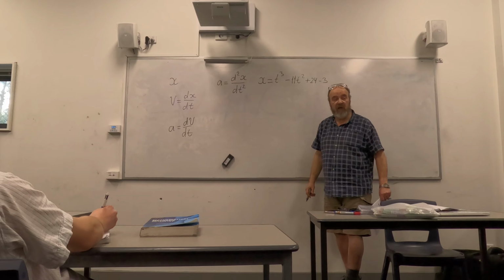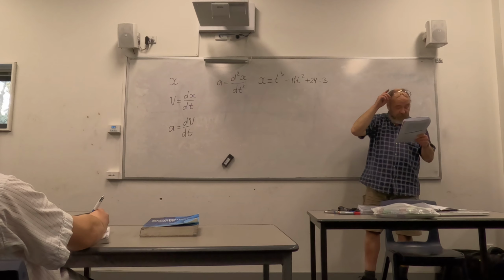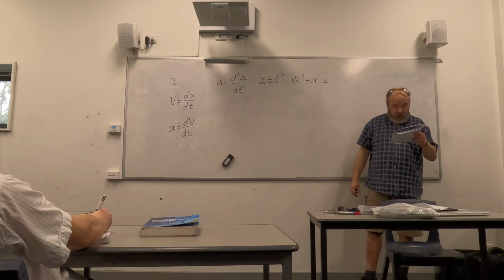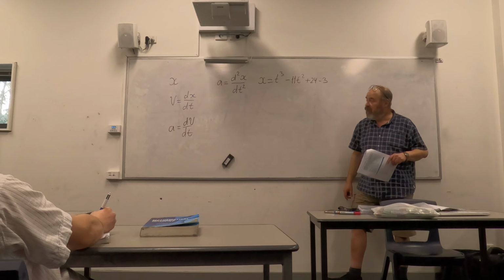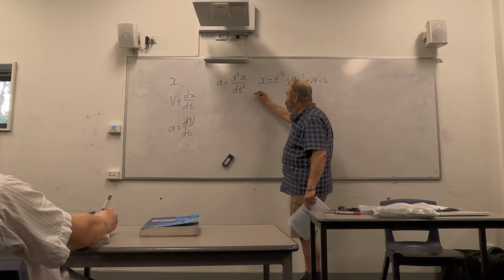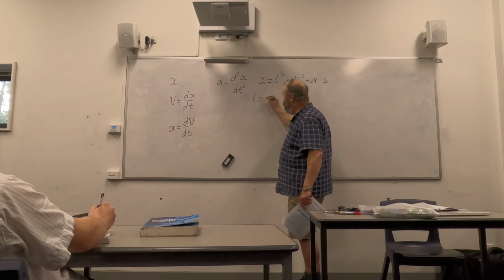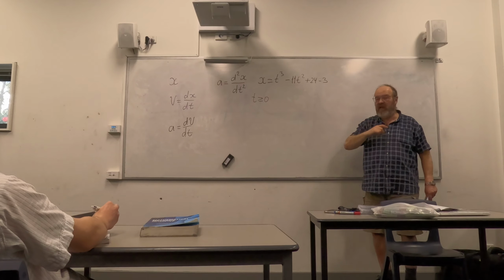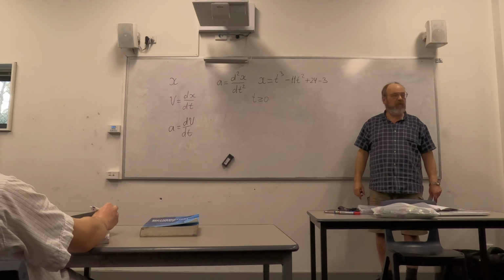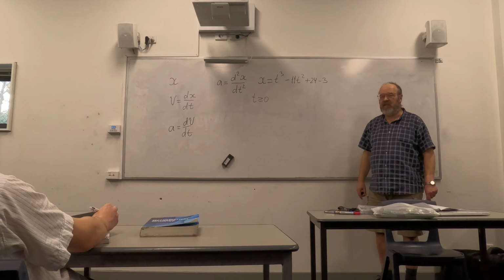That is how the position of the particle changes over time. In all these equations, time cannot be negative, so we always consider t greater than or equal to 0.